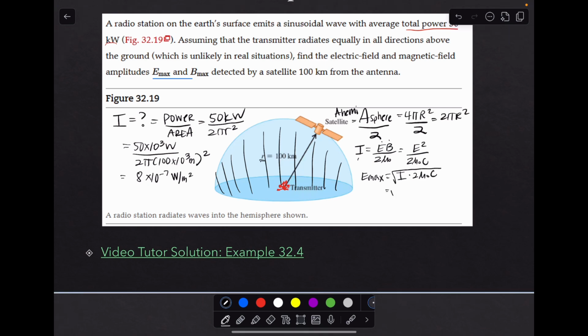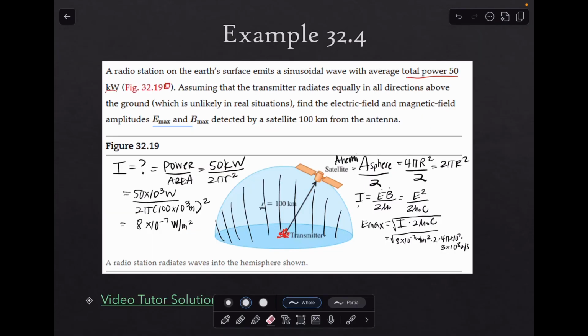So we plug in our values there: I times 2 times 4 pi times 10 to the minus 7 times 3 times 10 to the 8 meters per second.